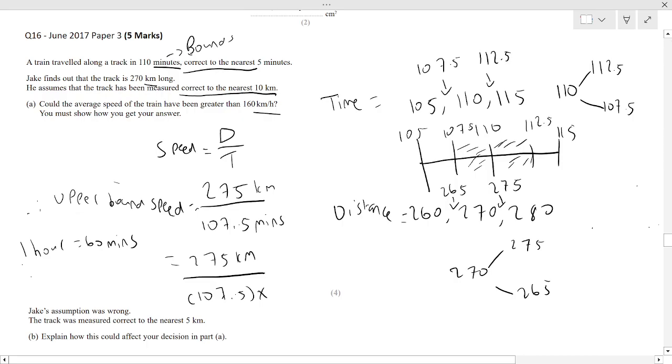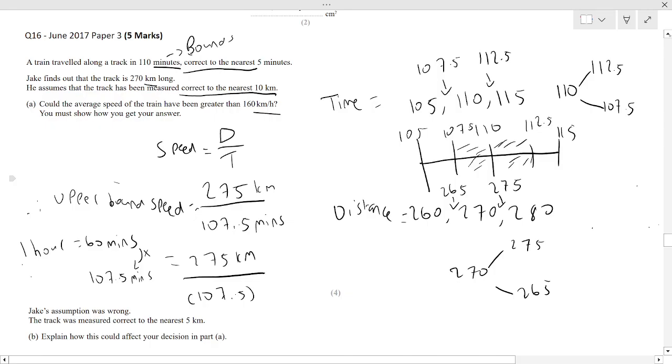Well, actually, hang on. Let me show this more clearly. So 60 minutes. There are many ways you can do it, but we want 107.5 minutes converted into hours because it's kilometers per hour. What do we times by? Let's do 107.5 divided by 60. That is a really nasty number.